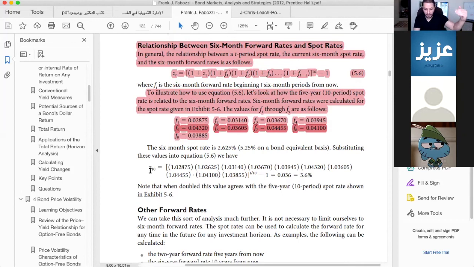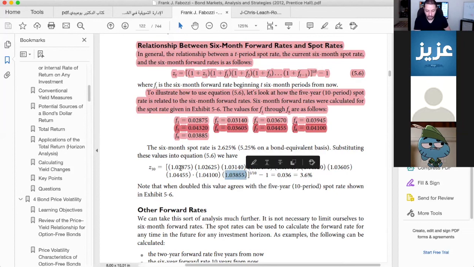Z10, which is the spot rate for 5 years from now, which is 10 periods. So 1 plus Z1, which is this one, times 1 plus F1, so this one is 1 plus Z1, this one is the Z1, this one is the F1, F2, F3, and so on, reaching F9, which is this one, 1 plus F9.